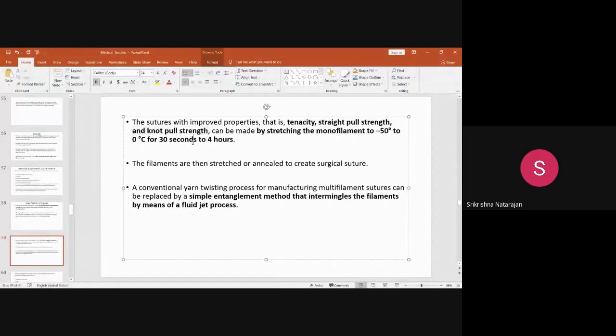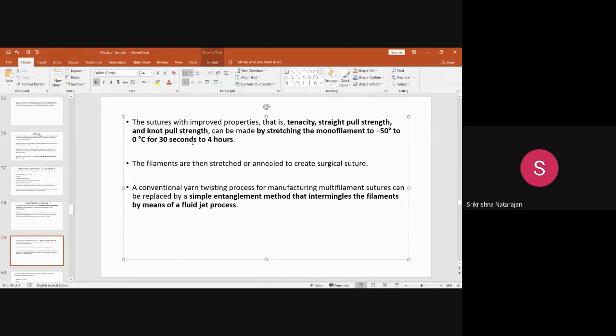For this, once you manufacture the filaments, you stretch them at -50 to 0 degrees centigrade for 30 seconds to 4 hours, and then you heat set them to create a surgical suture with dimensional stability.